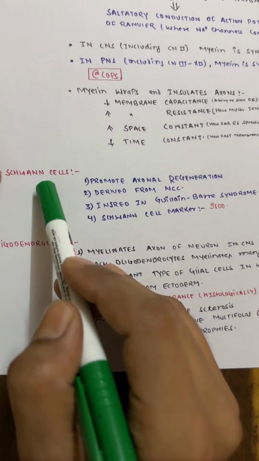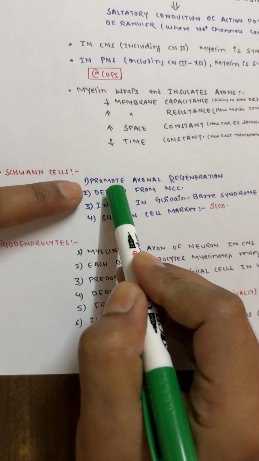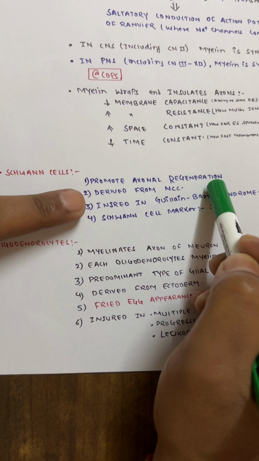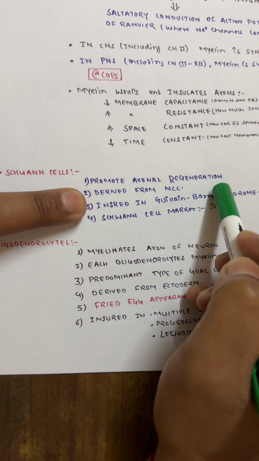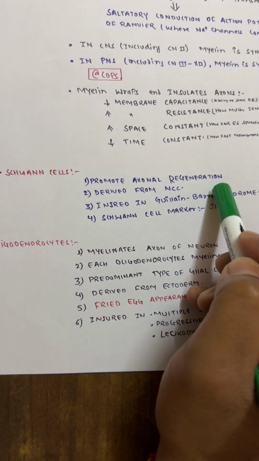Now let's talk about Schwann cells. We all know that Schwann cells help in the production of myelin in the peripheral nervous system. They help in promoting axonal regeneration, which is much better in the peripheral nervous system than in the CNS, because in the CNS astrocytes produce scar cells, so regeneration is not so good.